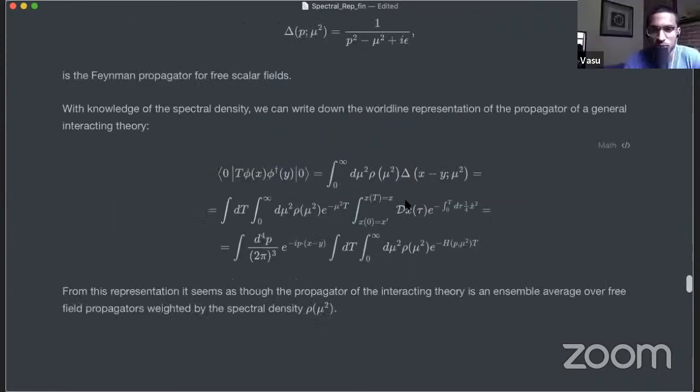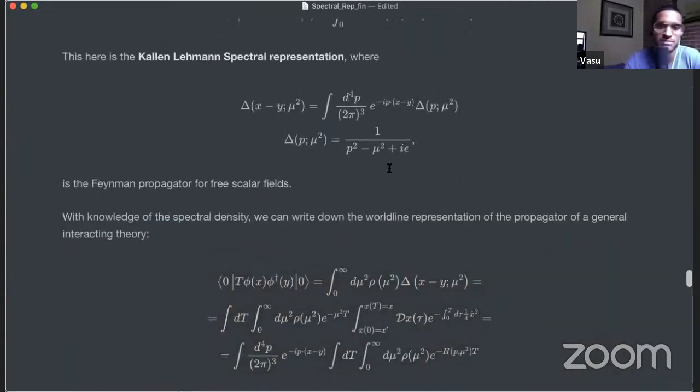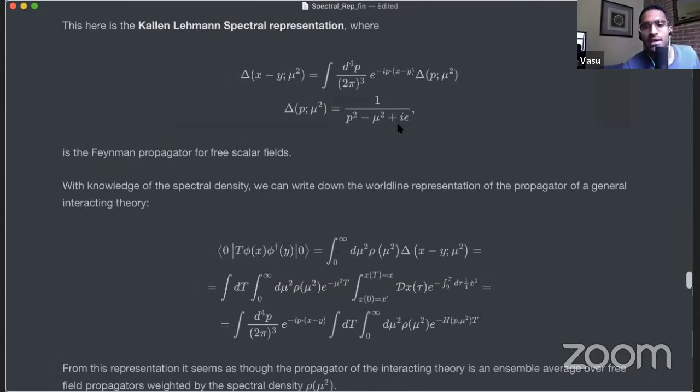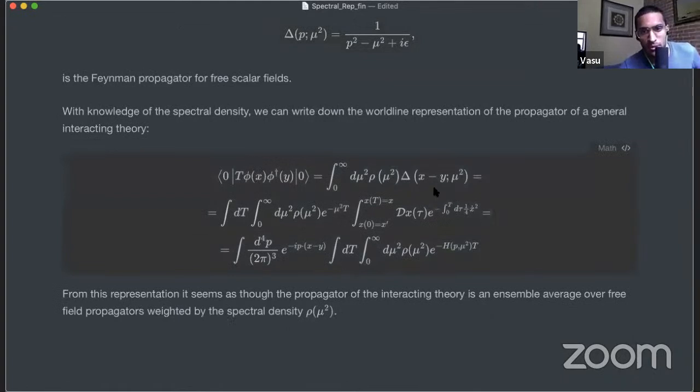Yeah. So now what's neat is let's plug this back into the world-line representation so we get a feeling for why rho is called the spectral density. So we know how the free field propagator is written in terms of the world-line geodesic path integral, right?